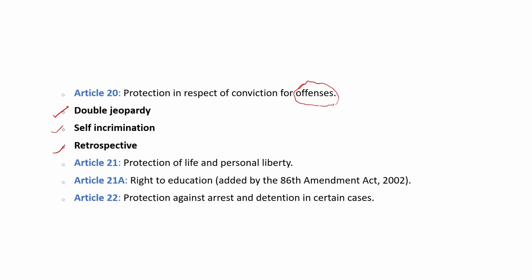If the person has already completed his punishment, then he cannot be punished again for the same crime that he previously did. So double jeopardy means one punishment for one crime. So basically Article 20 provides protection against double jeopardy.